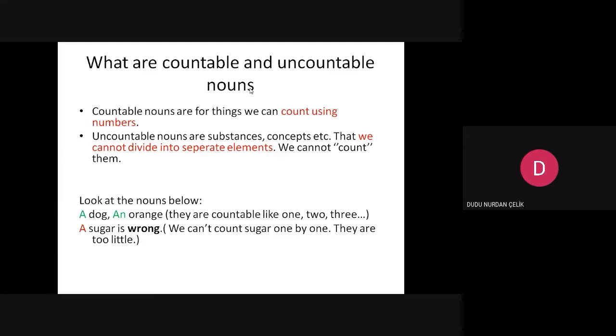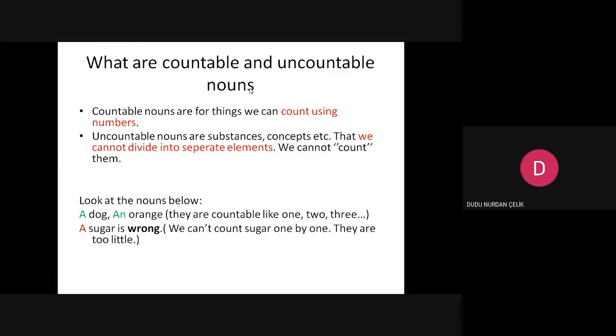Like salt. Salt consists of very tiny, very small pieces. We cannot separate or we cannot count each piece. 1 salt, 2 salt, 3 salt. That's impossible. So, salt is uncountable.